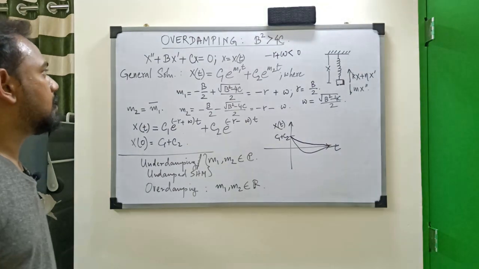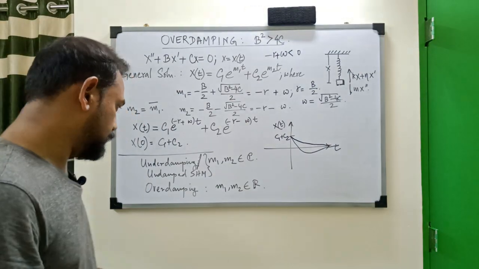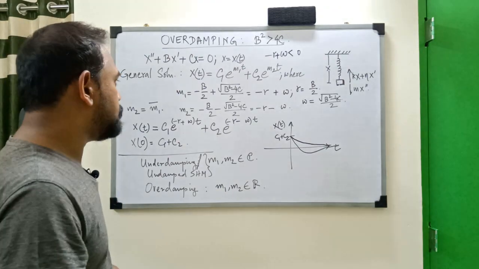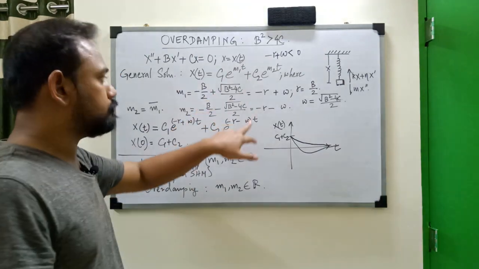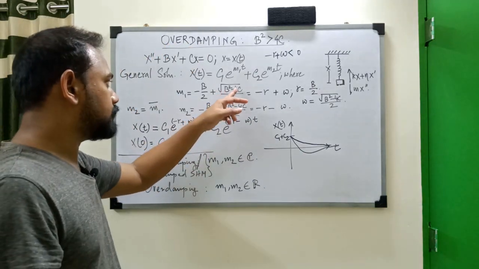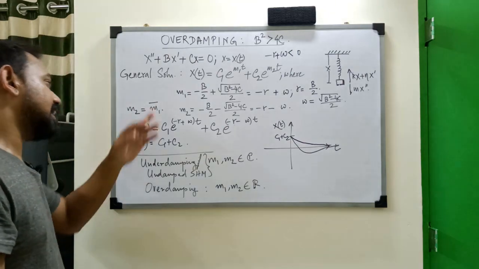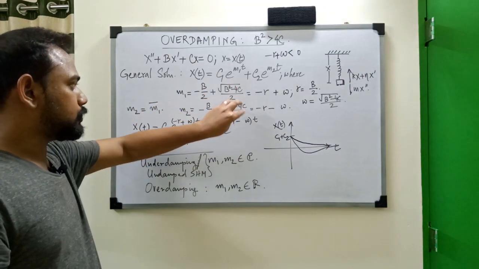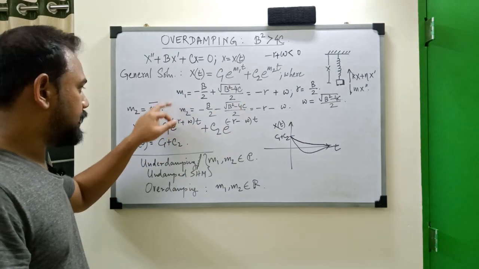We will discuss the case of resonance in the next video, because b squared is equal to 4c, where the resonance cases or the critical damping cases are, when b squared is equal to 4c. In that case, m1 and m2 will be real because then this will be 0 and this will be 0, but they will be equal.